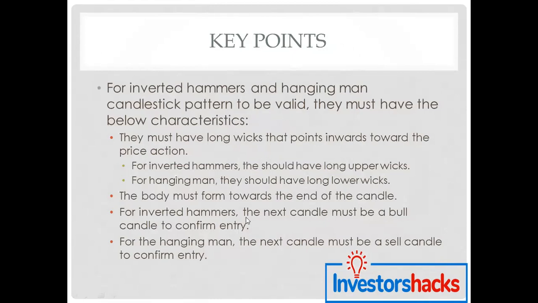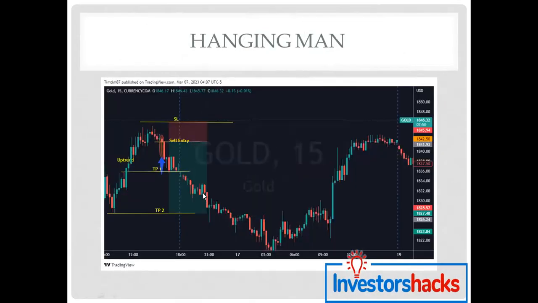For the inverted hammer, the next candle must be a bull candle to confirm entry. For the hanging man, the next candle must be a sell candle to confirm entry. So in this scenario, this is a sell candle, but a hanging man.